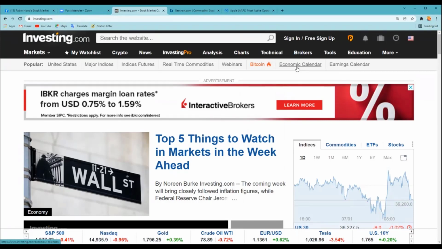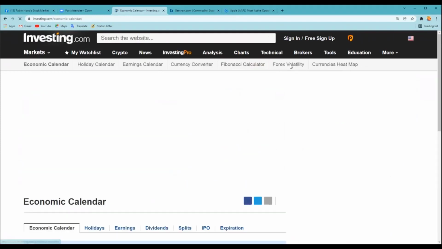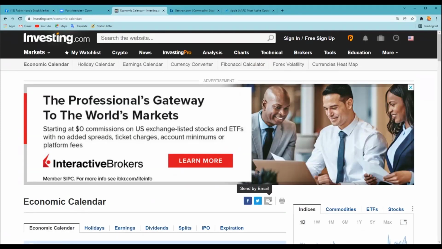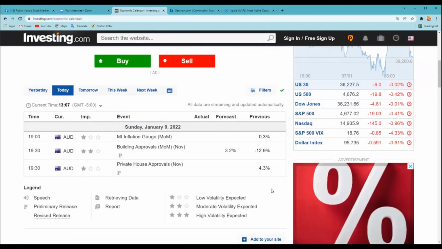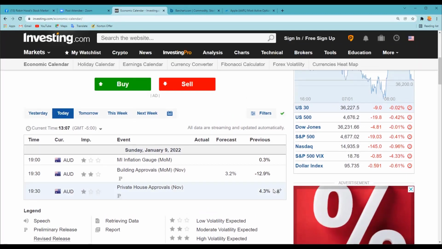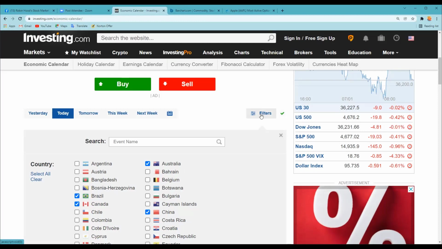If you click on that, you'll need to change the top menu: if it's on earnings calendar, change it to economic calendar. Once we're in that area, we need to click on filters, because we need this website to pull up some specific information. On the mobile application, it looks like a little funnel.